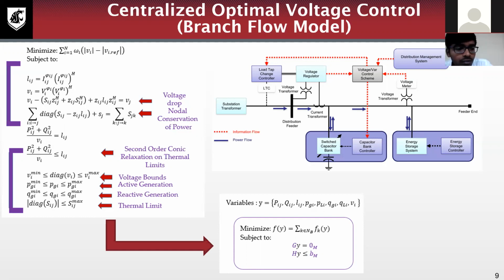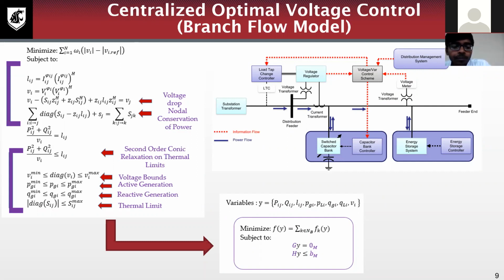And then you have all these bounds, all these constraints, on voltage, active power, reactive power, and also on thermal limits. So ultimately, this whole set of equations has convex equations, which are voltage drop and nodal conservation of power. Then this set of constraints also are convex. And the only non-convex equation that we had, we have converted to an SOCP relaxation. So this whole problem formulation now becomes a convex formulation.